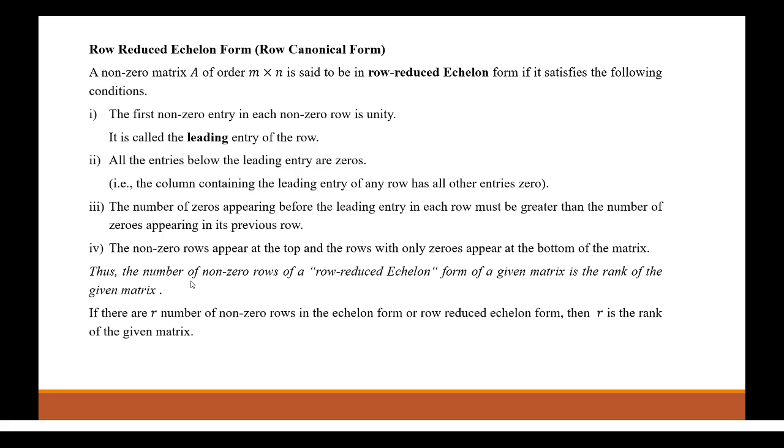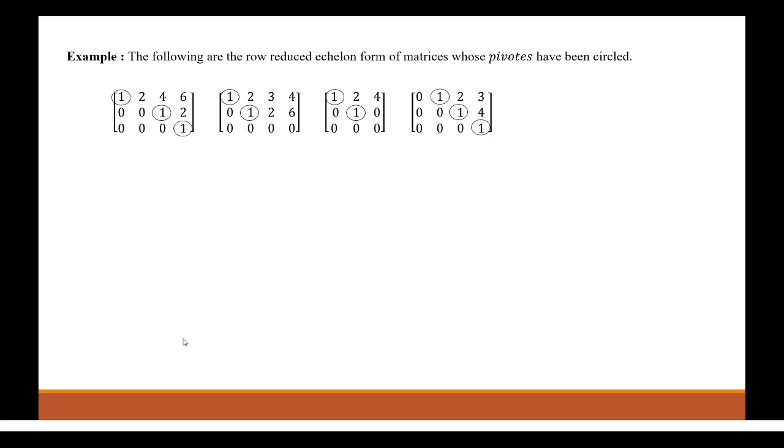Thus, the number of non-zero rows of a row reduced echelon form of a given matrix is the rank of the given matrix. If there are r non-zero rows in the row reduced echelon form, then r is the rank of the given matrix.